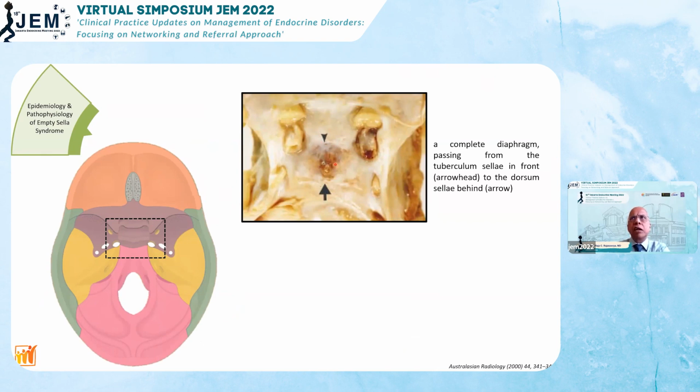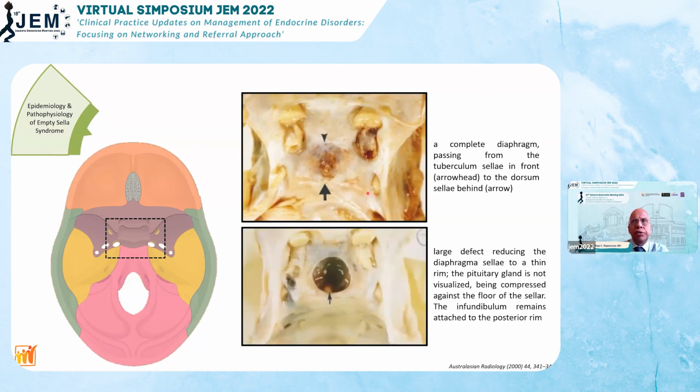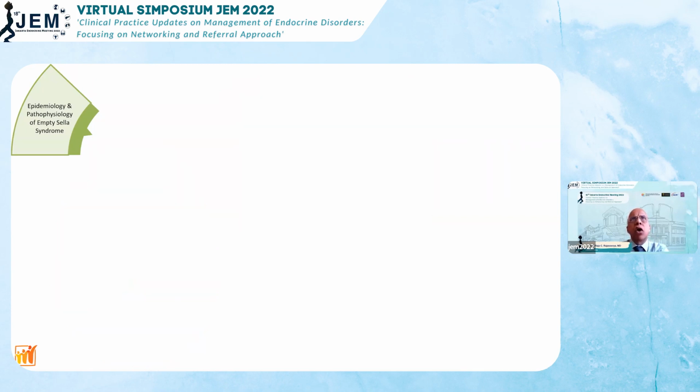You can't quite distinctly see any pituitary gland. But on this picture, what you're seeing is a very thinned out sellar membrane. And you can see a little bit of the tuberculum sellae here. That's because CSF has herniated and compressed the gland over there. How common is it?